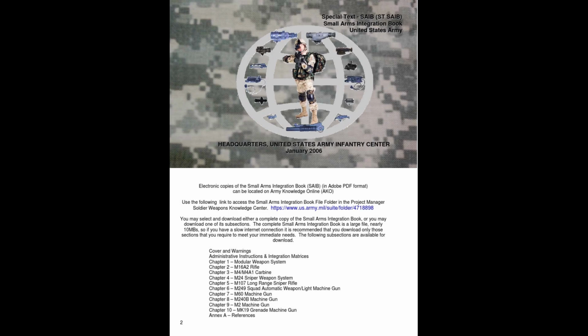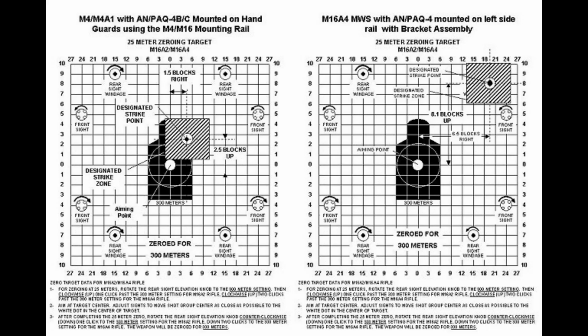It basically was, instead of teaching trajectory and concepts like mils and minutes of angle to the general soldier, we're just going to create an index of charts that shows all of the different potential offsets necessary to conduct your zero at 25 meters. So the simple solution was, instead of teaching you what trajectory is, we need a 448-page book of indexes and charts in order for you to figure out how to do this.